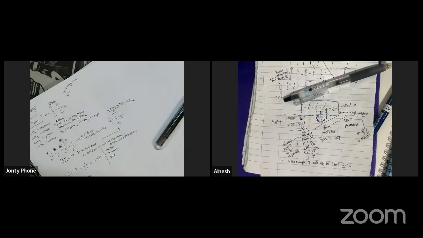Make it happy. Then we will always have 4 hydrogen, right? In this case, yeah. In this case, it's 4.